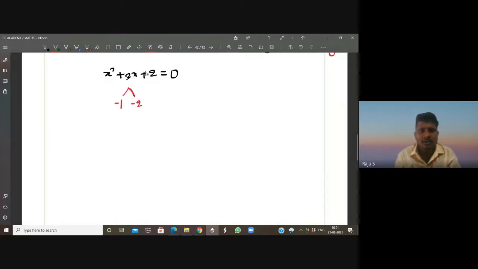See, the coefficients here are all positive. If we compare with ax square plus bx plus c is equal to 0, a, b, c are all positive, then the roots are negative. But see here, ax square minus bx plus c is equal to 0.